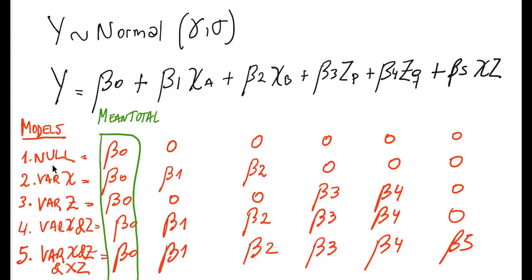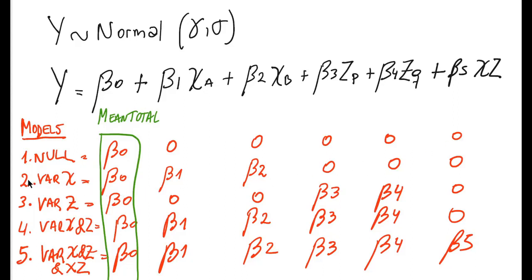So the null model would have beta 0 as a parameter that will be estimated with the data, but all the other 4 parameters, beta 1, beta 2, beta 3, beta 4, beta 5, are fixed to 0. So they are not going to be estimated.